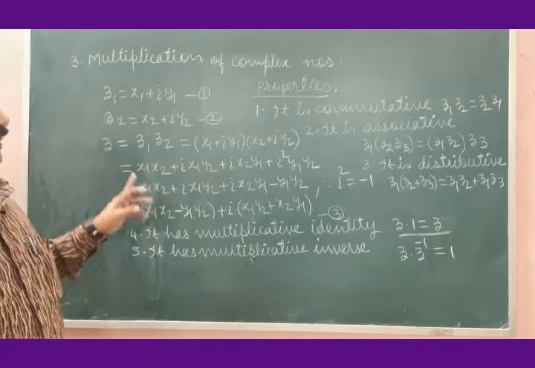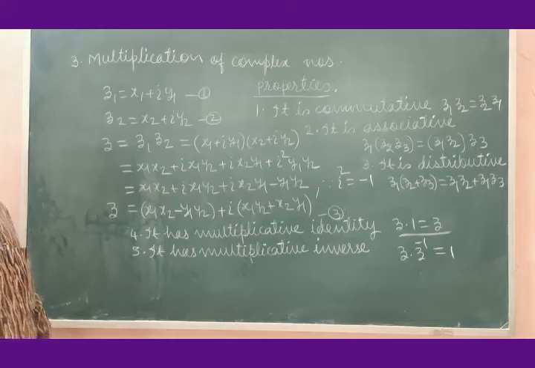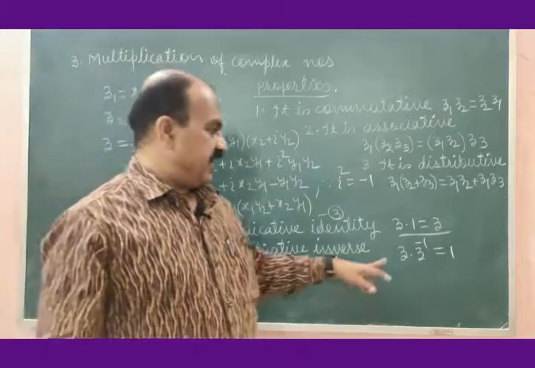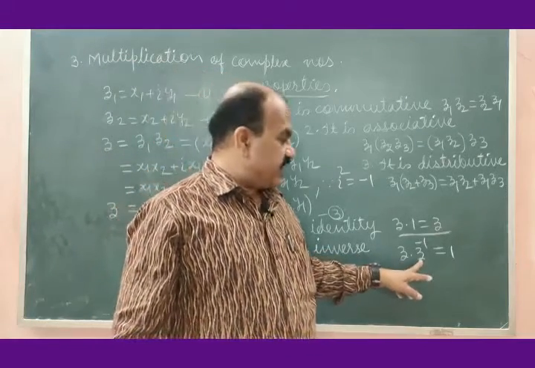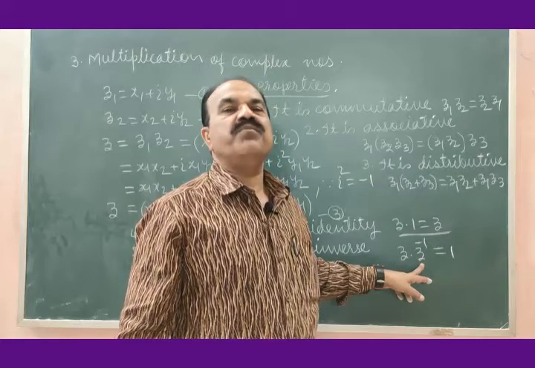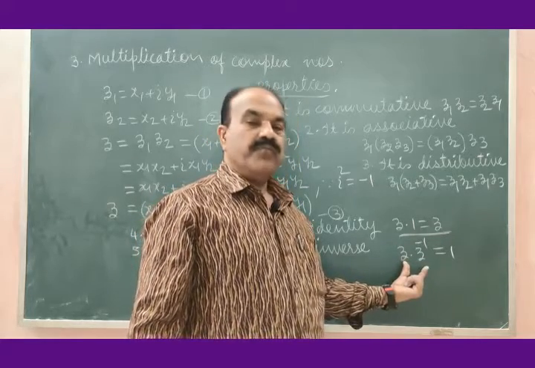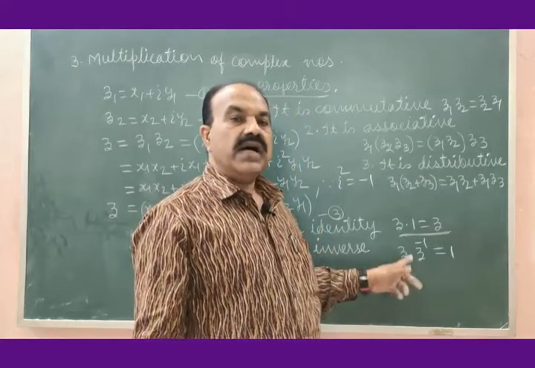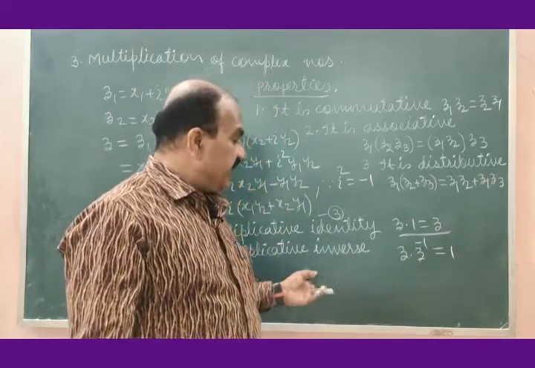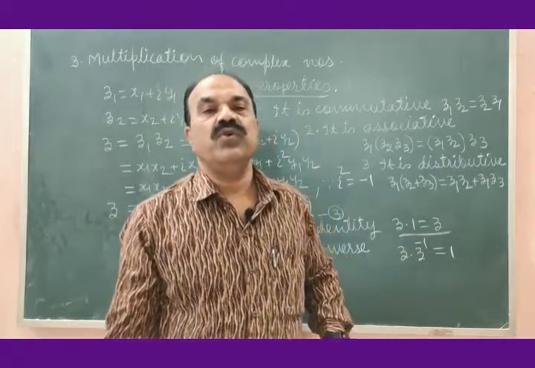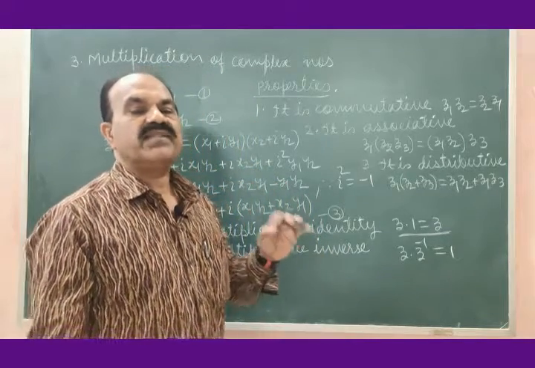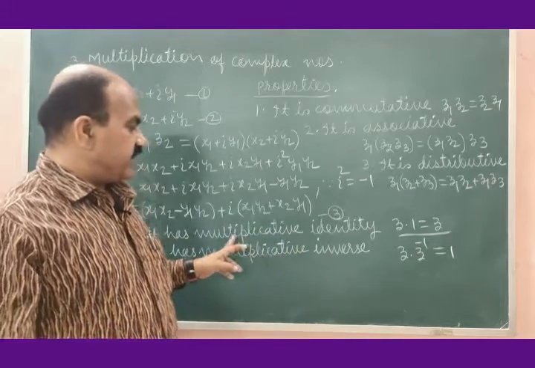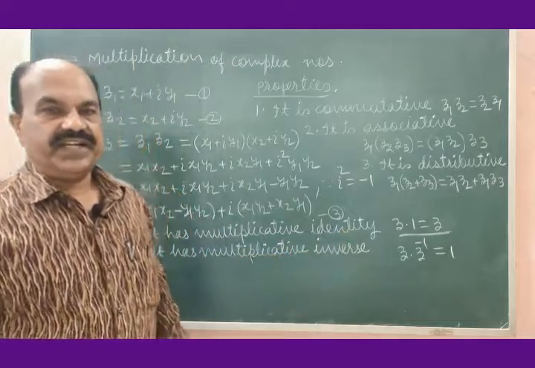Fifth property of multiplication of complex numbers is it has multiplicative inverse. If Z is a complex number, its multiplicative inverse is Z to the power minus 1, and product of these two is always 1. Product of a complex number and its multiplicative inverse is always equal to 1. It means that every complex number has multiplicative inverse.